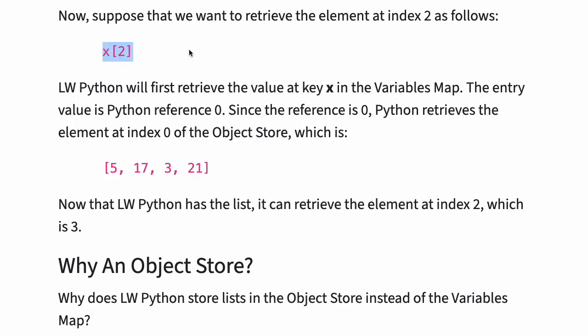LWPython will first retrieve the value at key x in the variables map. The entry value is Python reference 0. Since the reference is 0, Python retrieves the element at index 0 of the object store, which is the list 517.321. Now that LWPython has the list, it can retrieve the element at index 2, which is 3.